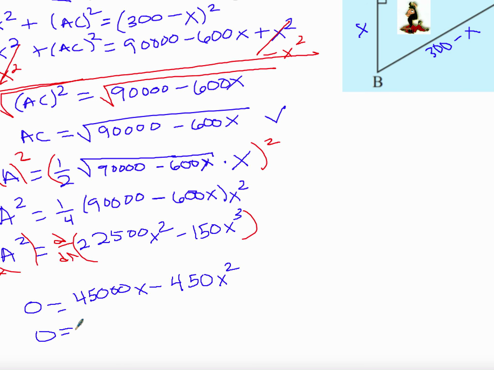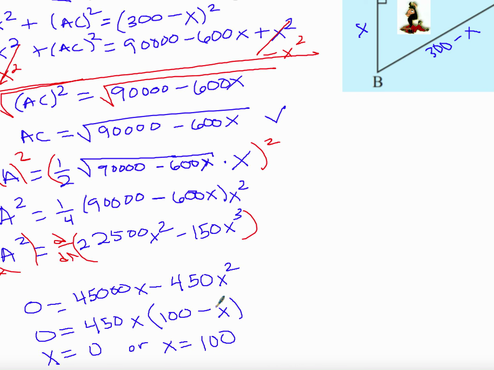So we can factor out 450 if you like, or you can use polysimul, it's up to you, as well as an x. And this is going to give me 100 minus x. If I set this equal to 0 and solve with the zero product property, either x is equal to 0 or x is equal to 100.